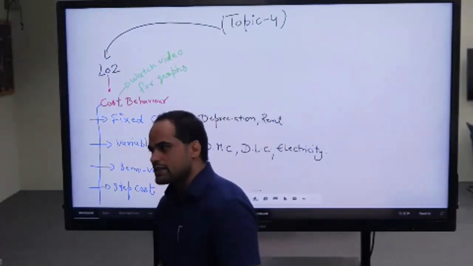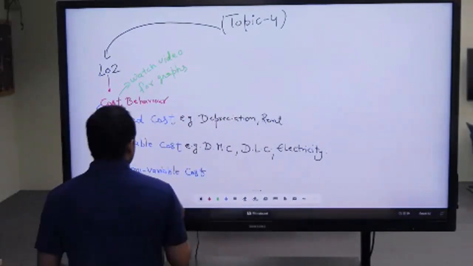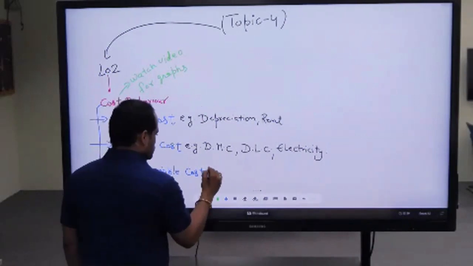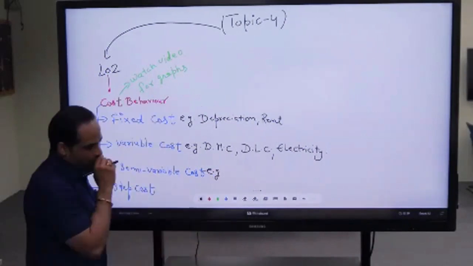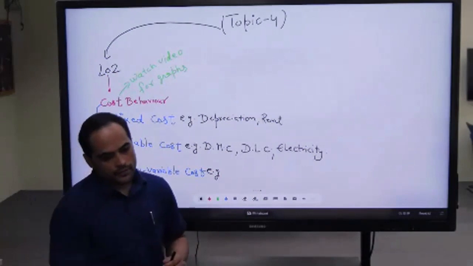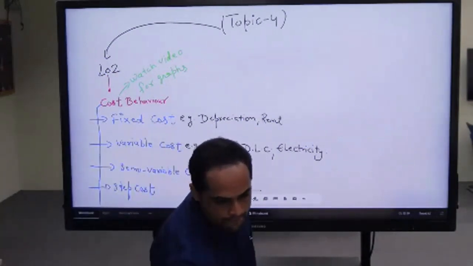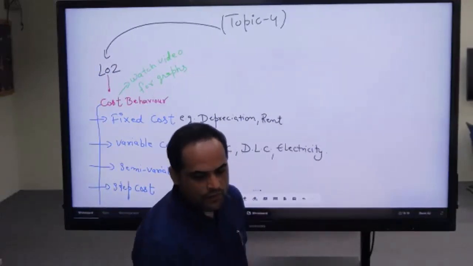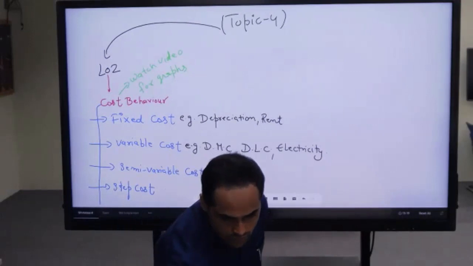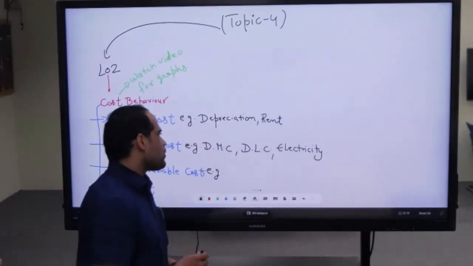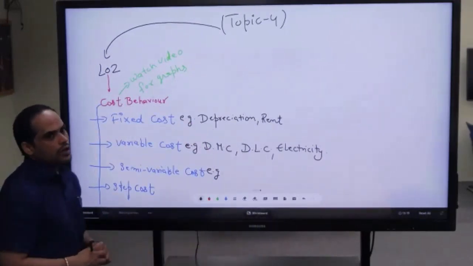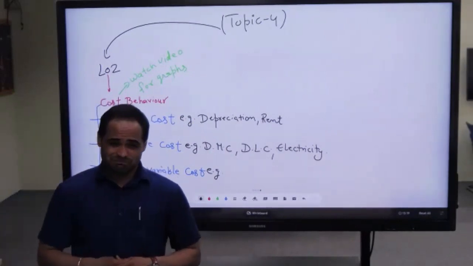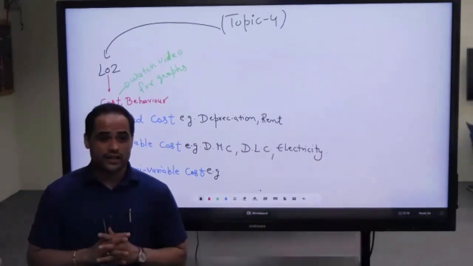So what are the examples of the semi-variable cost? A semi-variable cost example is, for example, your 3G or 4G internet.